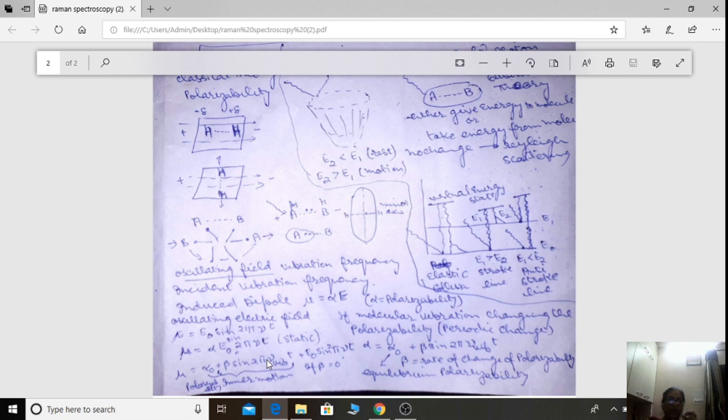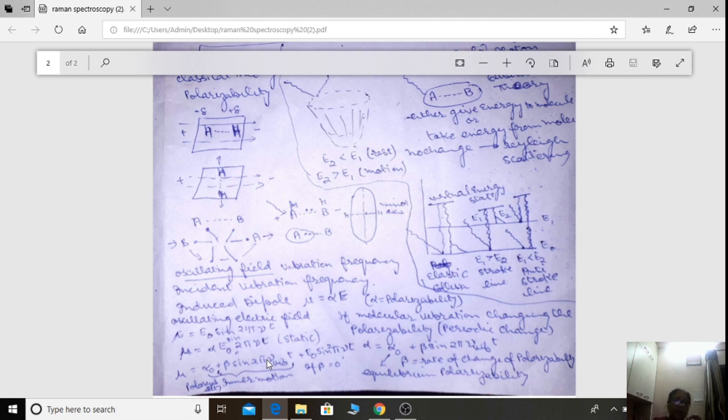When we apply the incident energy, we strike the molecule with the electric energy, it passes through. When it is in the static state, there is no problem. When it is present in an oscillatory field, generally we apply electromagnetic radiation, which will produce the oscillatory field. That means the molecule does not remain static, and with oscillation, your field changes.